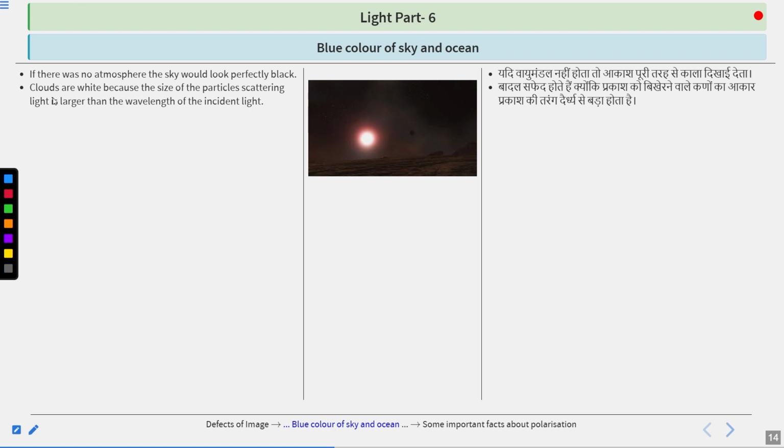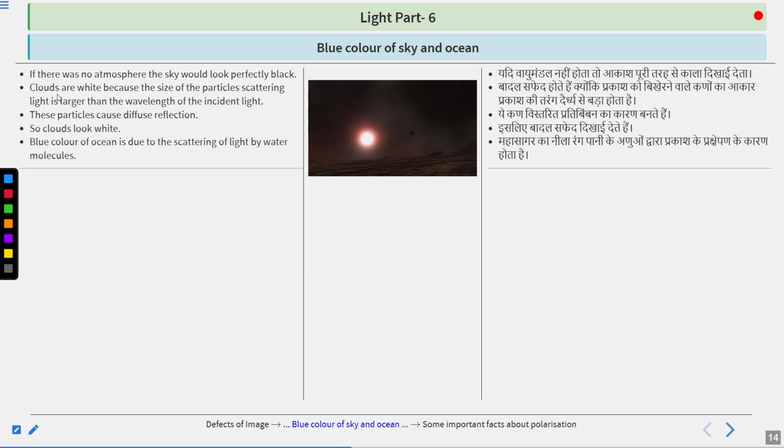So that's why the clouds appear white. These particles cause diffuse reflection. The blue color of the ocean is due to the scattering of light by water molecules. And at that time also, the blue color has a maximum intensity. So that's why they appear blue.